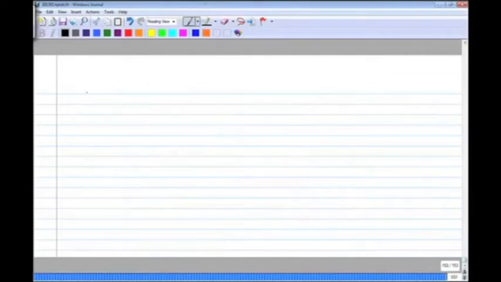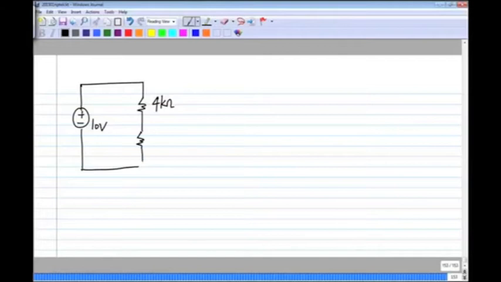So please try to solve this. Let me take a very simple circuit again. So this is the circuit.